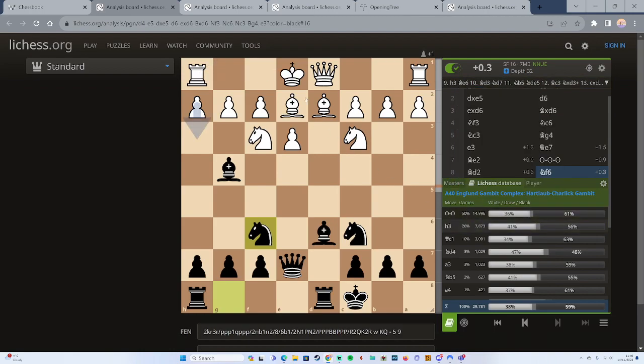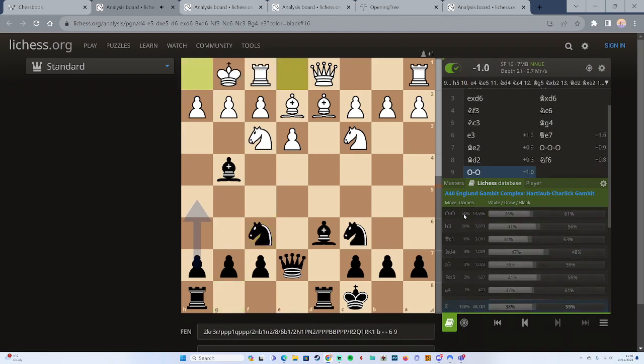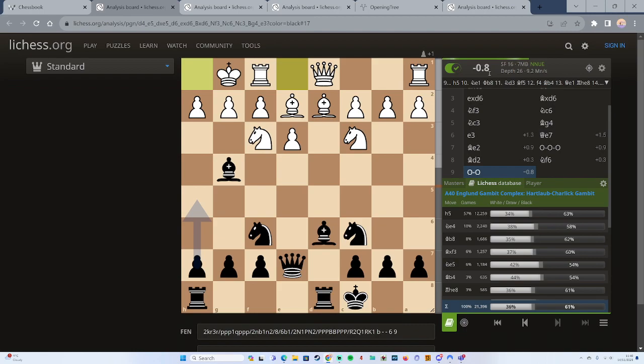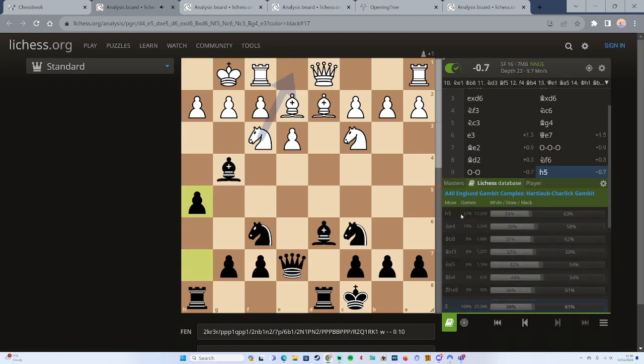And now we're getting quite far into the line, but let's just finish off with castles, which seems the most natural move. And then already the engine prefers black. Wow. That's amazing. And h5 is the move, so I should definitely add that to the repertoire, because it's not a natural move to remember.